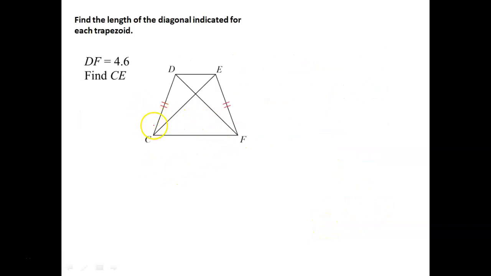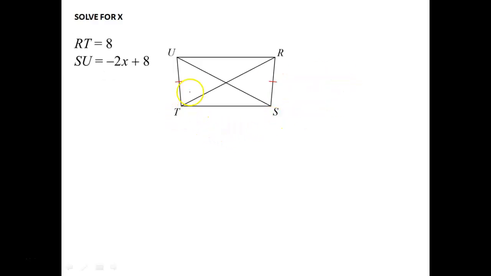All right, find the length of the diagonal. Diagonals are congruent in an isosceles trapezoid, so if DF is 4.6, so is CE. I know, it's that easy. All right, they want you to solve for X. RT is 8, and SU is negative 2x plus 8.